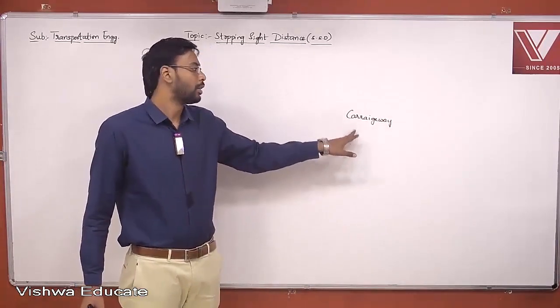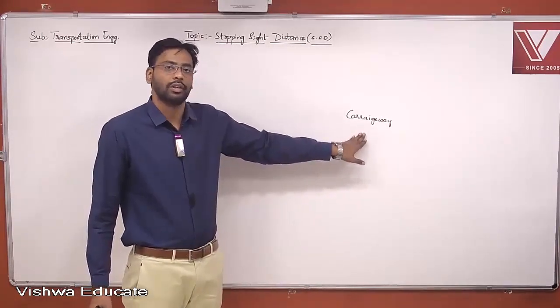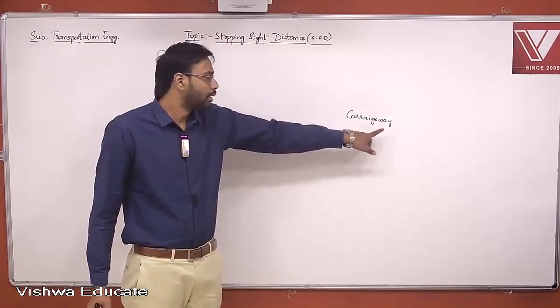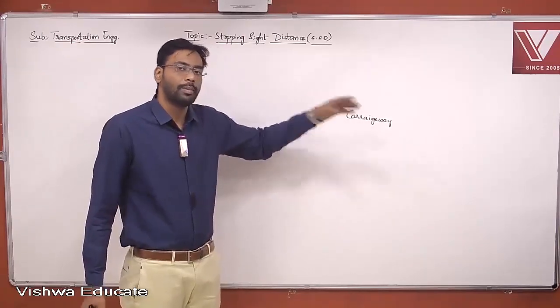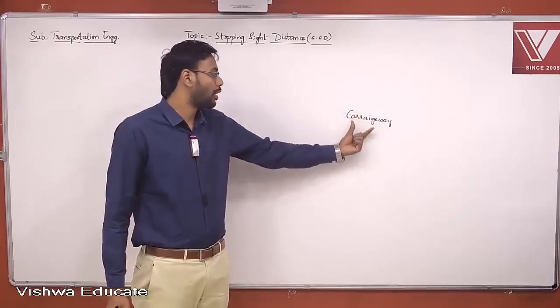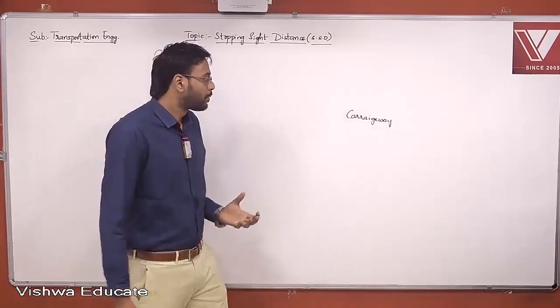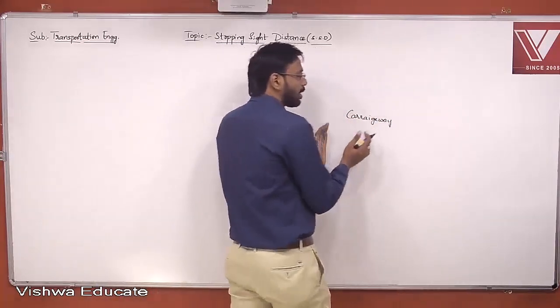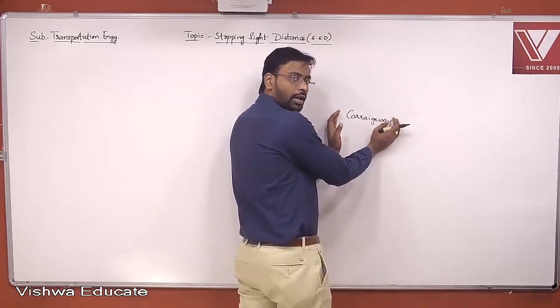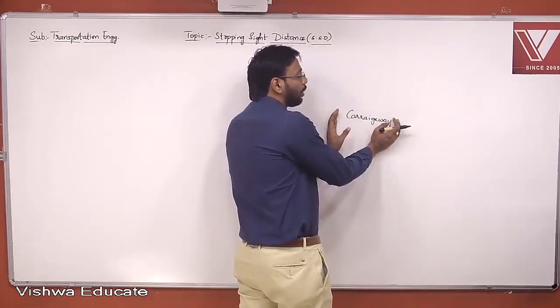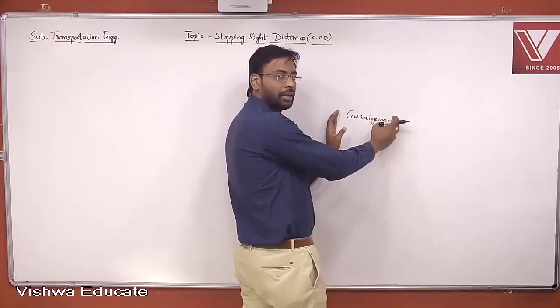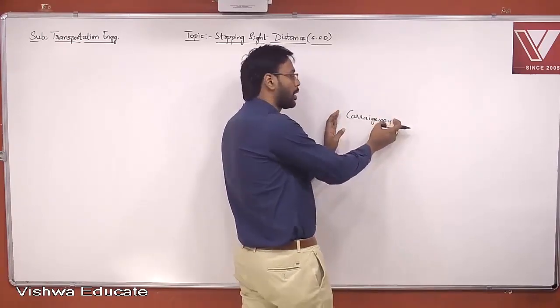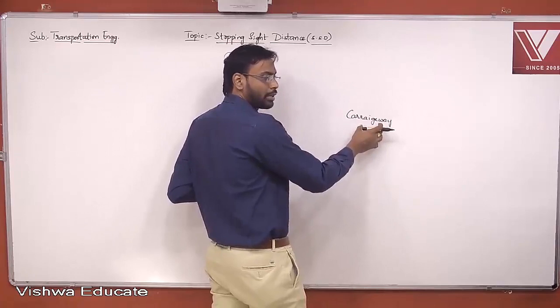Carriageway is nothing but the path over which the vehicles are being carried. The way over which the vehicles will be moving is called a carriageway, right? Basically this is our road, and this road also contains a median if the road width is more, so I'm not specially indicating that here.